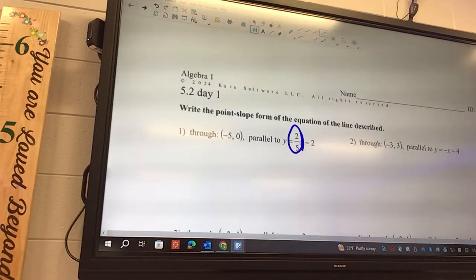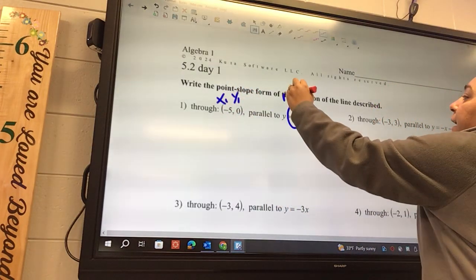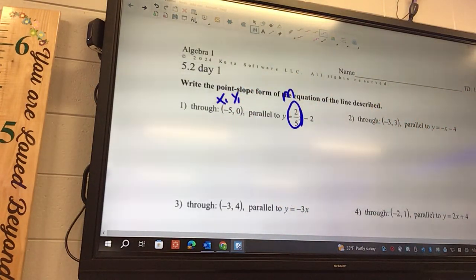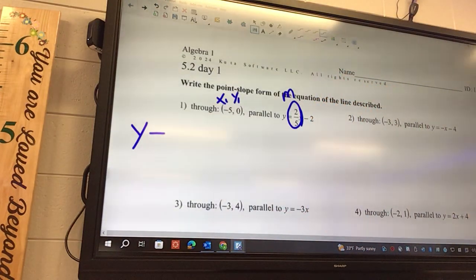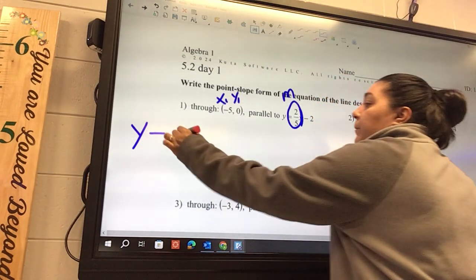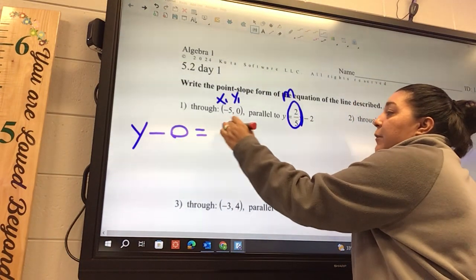Parentheses, point slope. So we're going to start off by labeling this x1, y1, and this is my m. And for parallel, we keep the m 100% the same. So we're going to say y minus, what is my y1? 0 equals my m. For parallel, we keep it the same. We don't change anything.